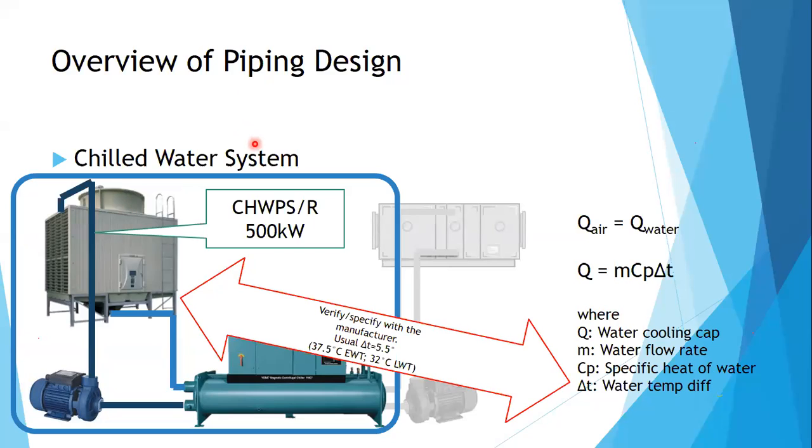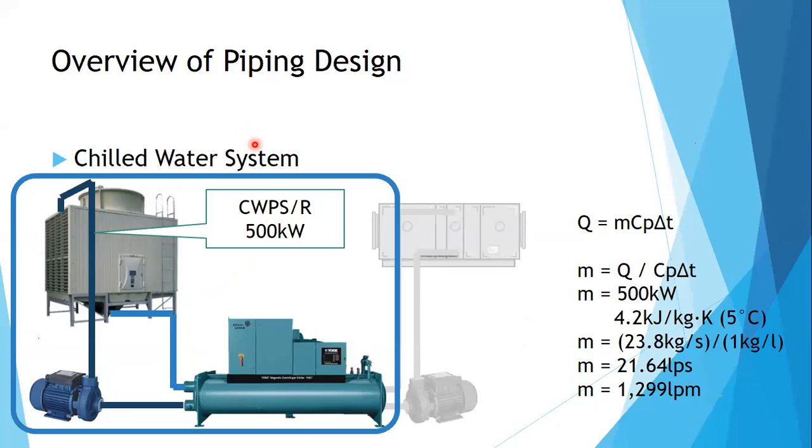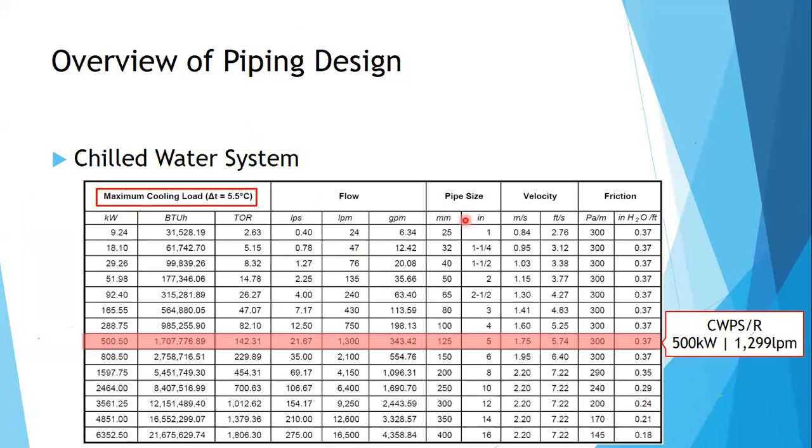So same parameter, same process, Q is equal to m Cp delta T. You would see that because the delta T is high, the flow rate is lower. Now our flow rate for this 500 kilowatt is only 1,299 liters per minute. Again, same standard pipe size, same parameters, friction and velocity.